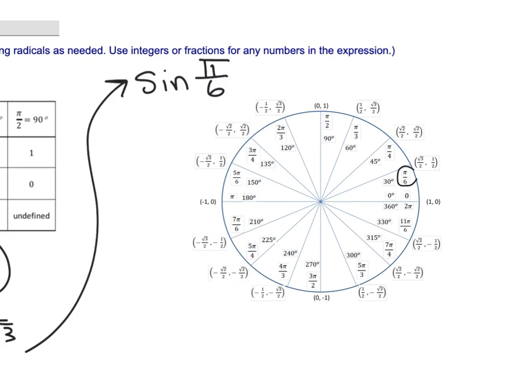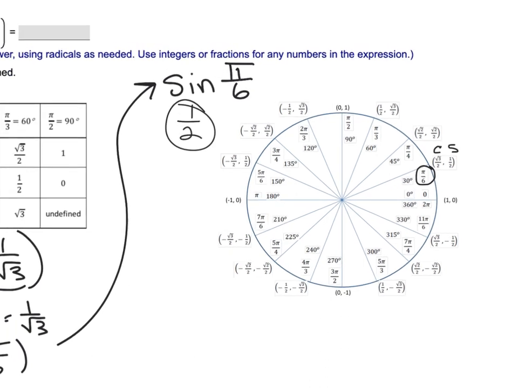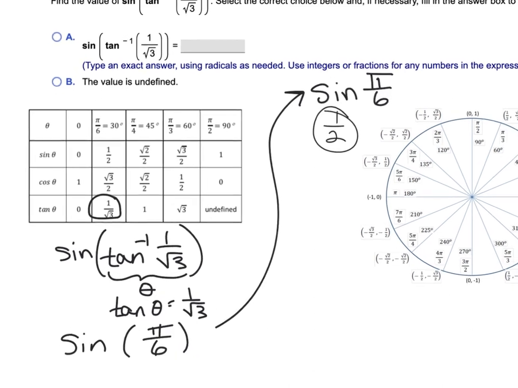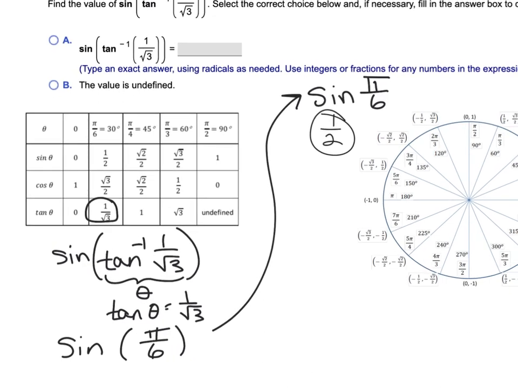Here's pi over 6. Remember, cosine and sine, right? So the sine of pi over 6 is 1/2. I guess you could have found it over here too, right? The sine of pi over 6 is 1/2. Since it happened to be first quadrant, you could have used either one of these charts to help you find the same answer.